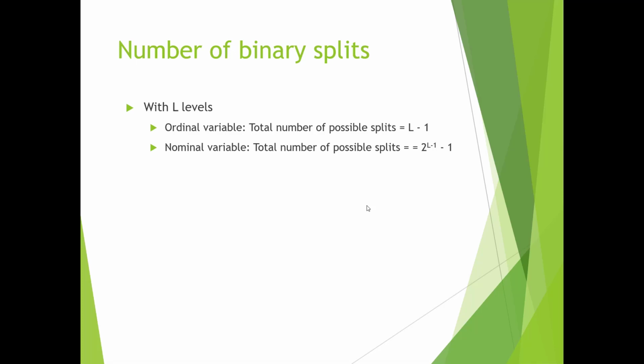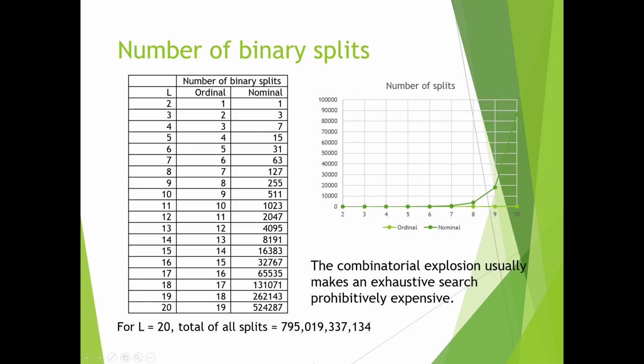If you have a nominal variable, then this is the number of splits that you'll end up with. This is the formula that we had for all splits in ordinal, so it's the same formula here, 2 to the power of L minus 1, minus 1. And you see, these are the ordinal and nominal comparisons. For nominal, this is the actual number of total splits: 795 billion for 20 possible values.